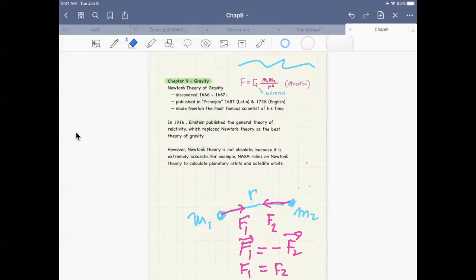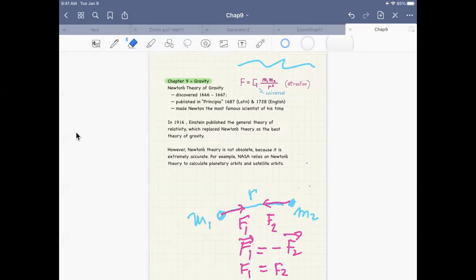It was discovered during the year of the bubonic plague, 1666 to 1667. It was published in the great textbook Principia around 1687, 20 years later.